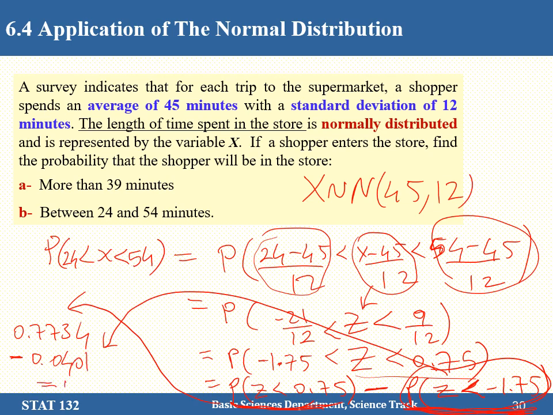The final answer will be 0.7333. So this is the probability we want.